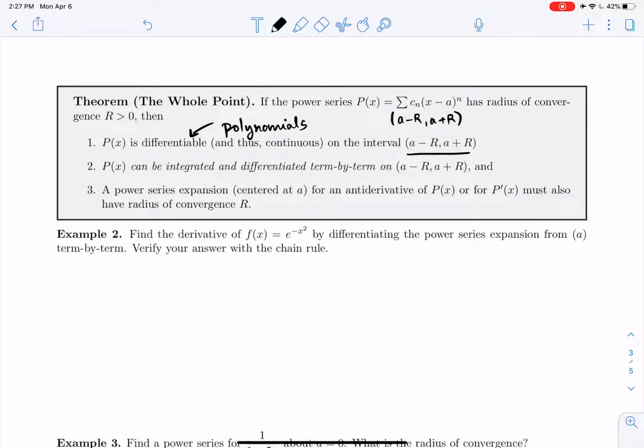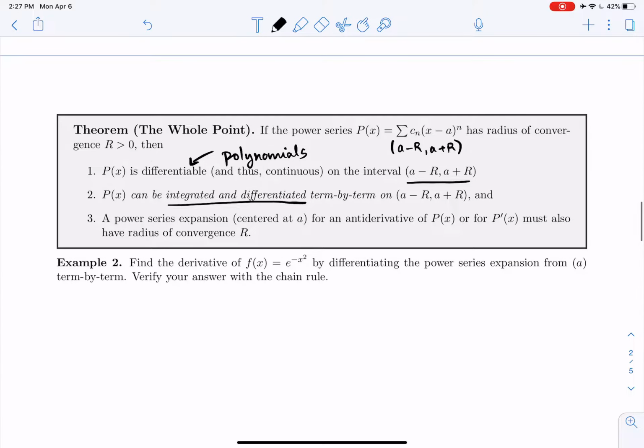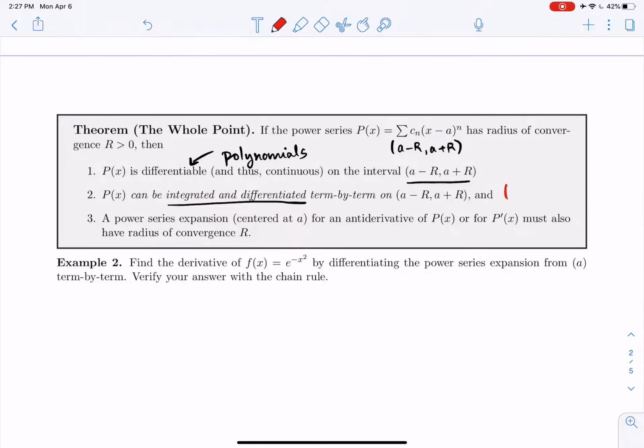Furthermore, your power series can be integrated or differentiated term by term on the interval of convergence. And that's exactly what we just did on the previous problem. We integrated our series term by term. I want to highlight why we love this: because of the reverse or the normal power rule, we get to differentiate or anti-differentiate weird functions.